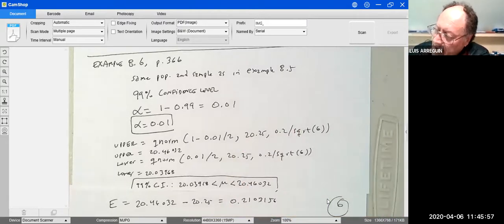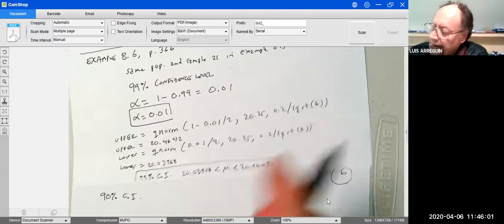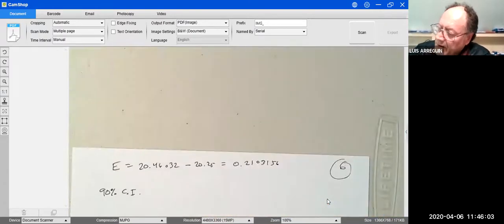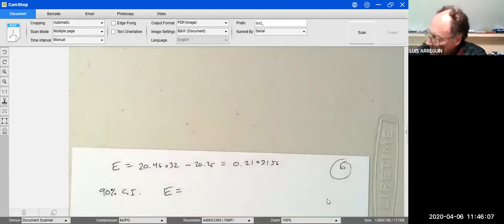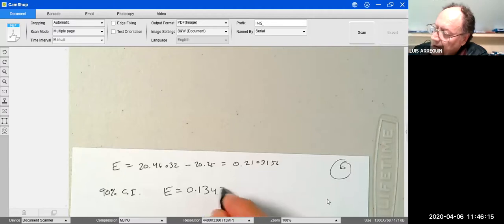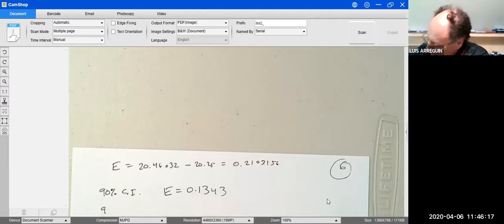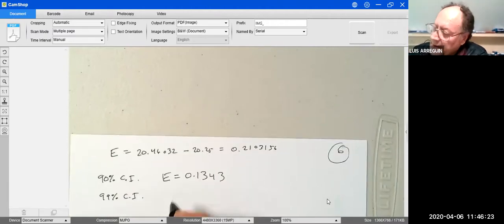When you have a 90% confidence interval, the margin of error was 0.1343, and when you have a 99% confidence interval, then now your margin of error is greater.